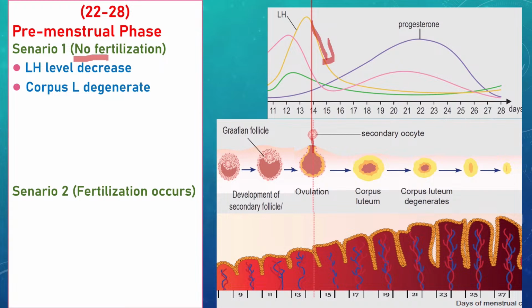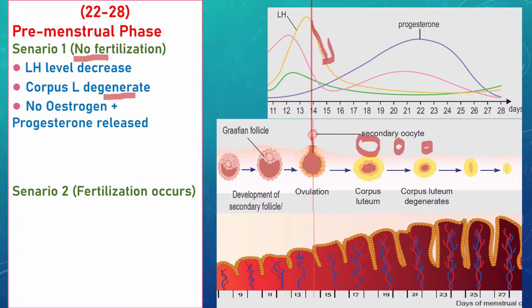What does corpus luteum degenerating mean? It becomes smaller. Look at the size. Slowly becomes smaller. That is what degenerate means. As LH decreases, the corpus luteum degenerates. And when the corpus luteum is shrinking, you don't see much estrogen and progesterone being released by this corpus luteum.